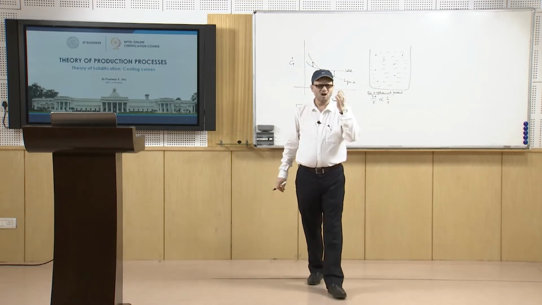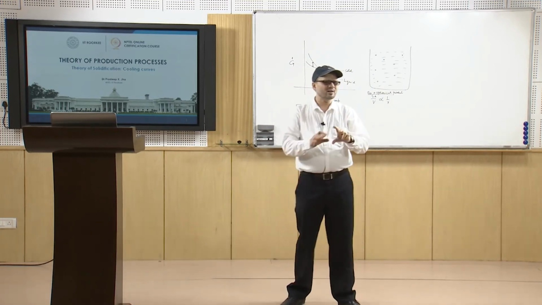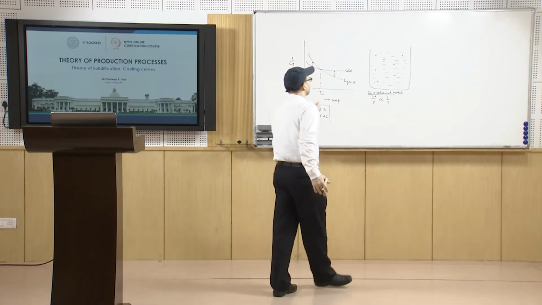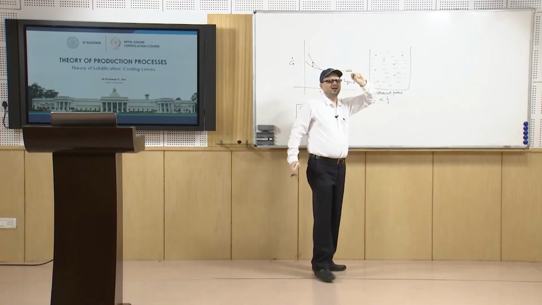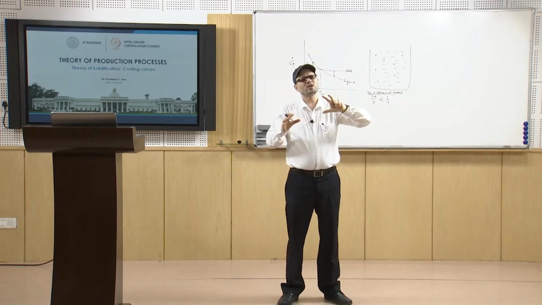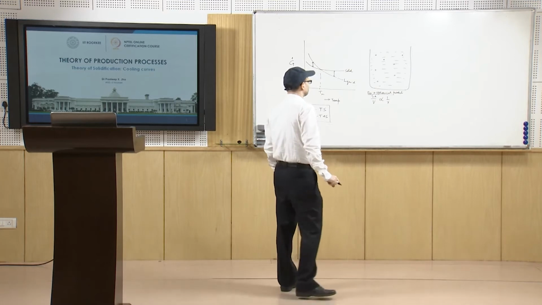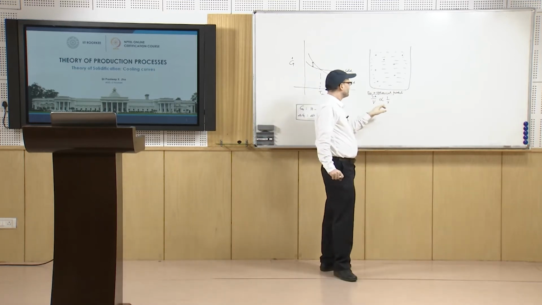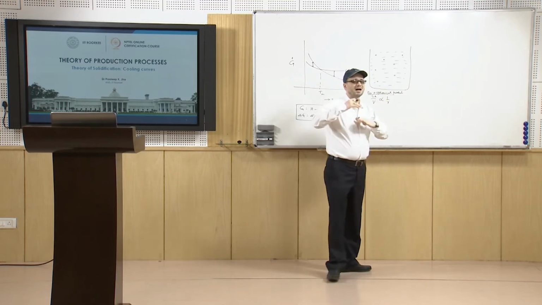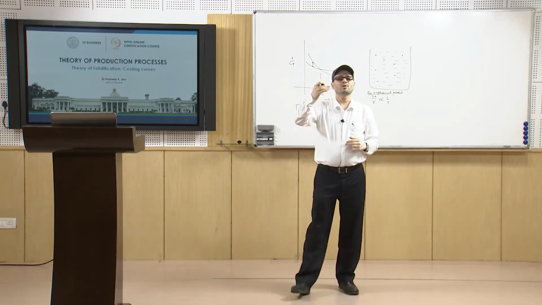So a very small particle, once it comes out, is not able to sustain and goes back into the melt. Until it reaches a certain radius, it will keep dissolving into the melt at the equilibrium temperature.